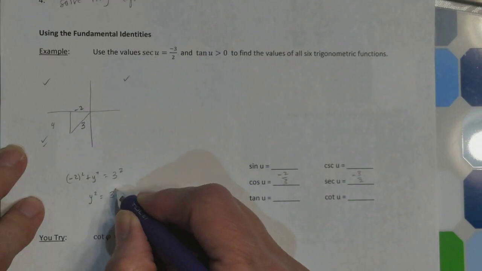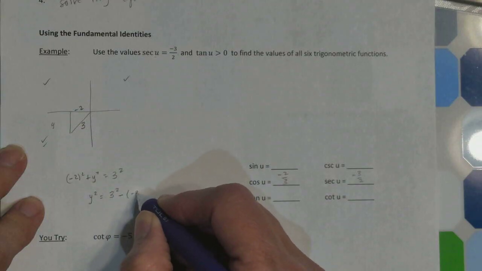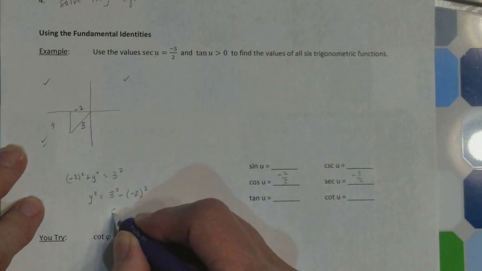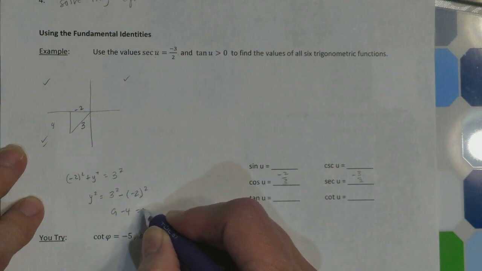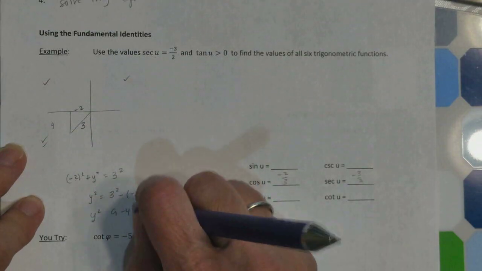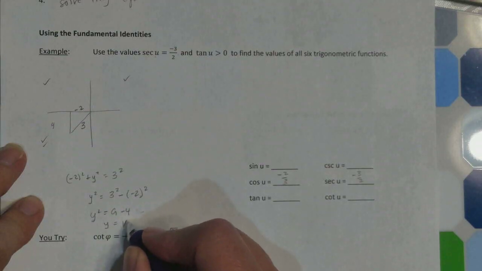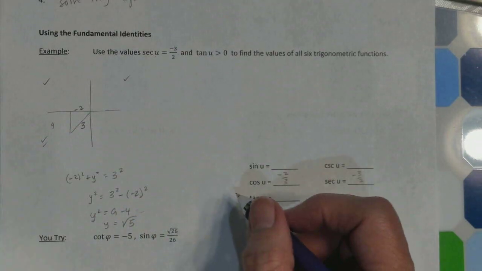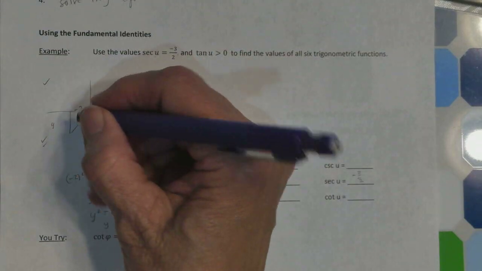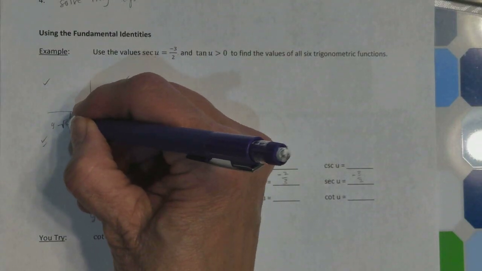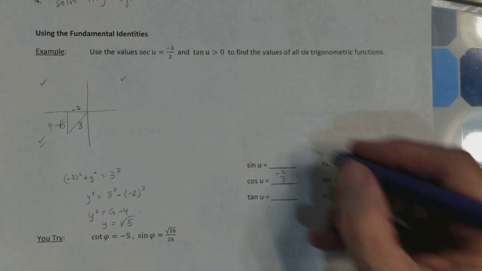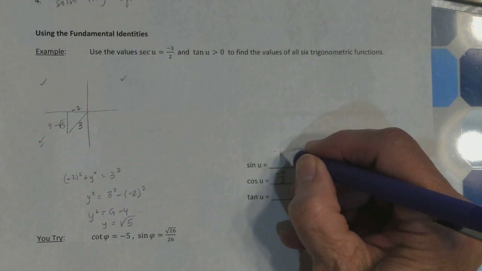So I'm going to get y squared is equal to 3 squared minus -2 squared. 9 minus 4. I didn't mean to put that equal sign there. So we square root both sides and we get y is equal to the square root of 5. In this third quadrant, this is going to end up being a negative square root 5.